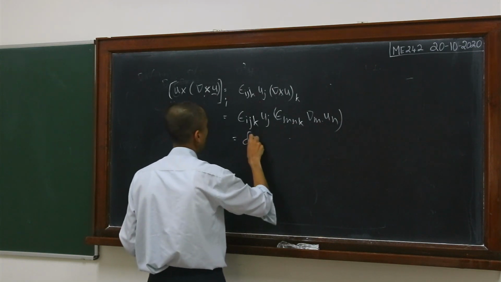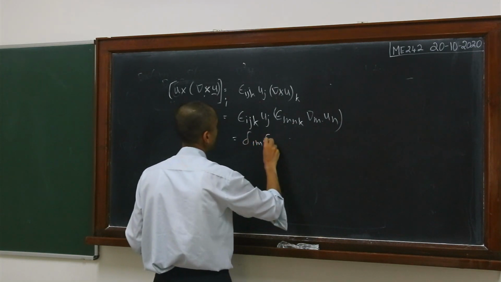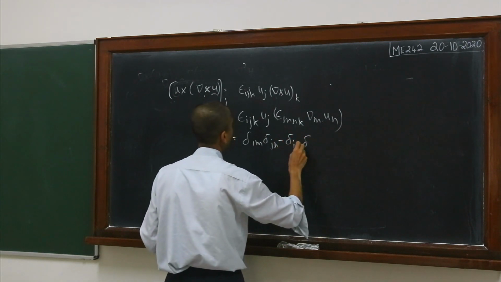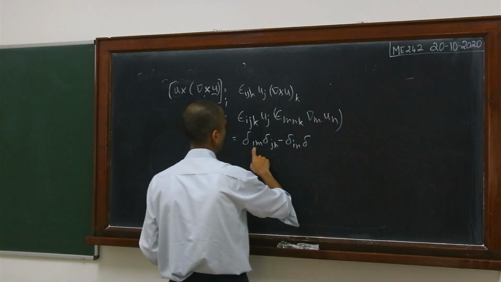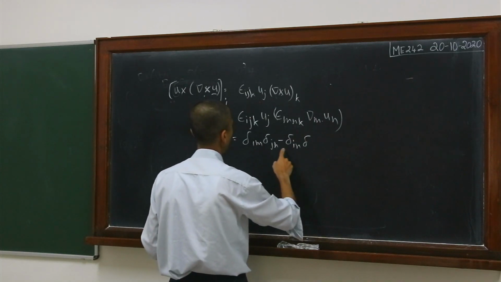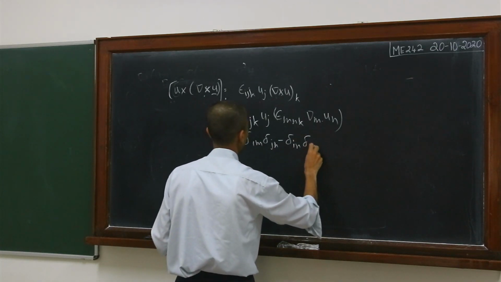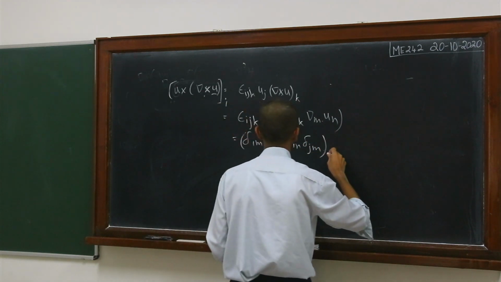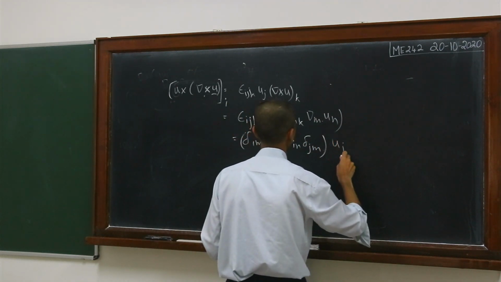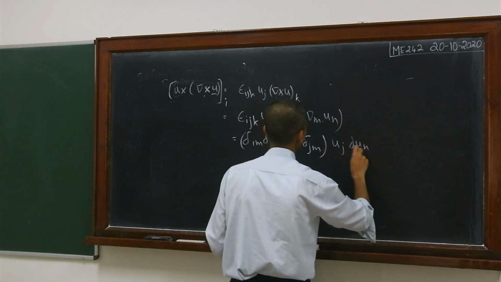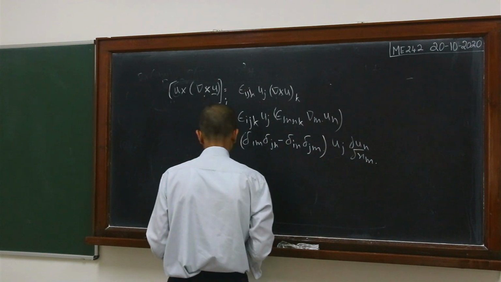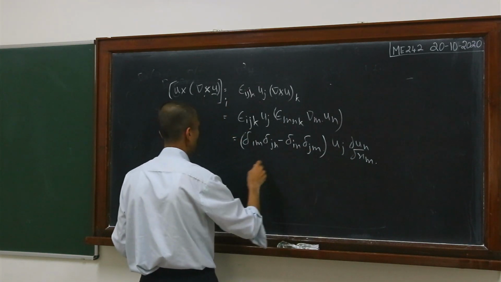So this is delta im delta jn minus delta in delta jm, where i goes with the m, j goes with n, times uj del un by del xm, and then now use the substitution operator property.